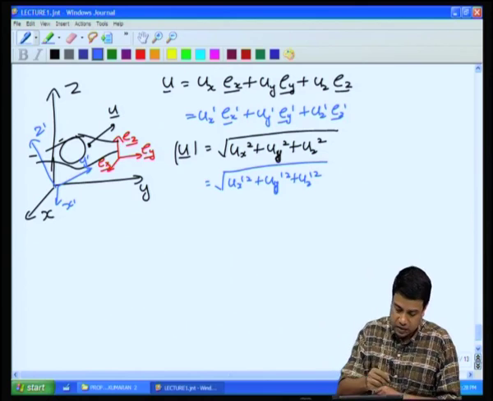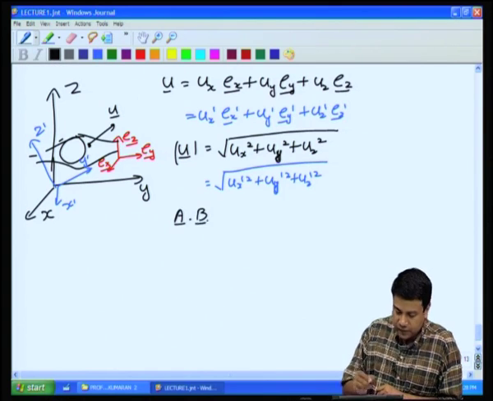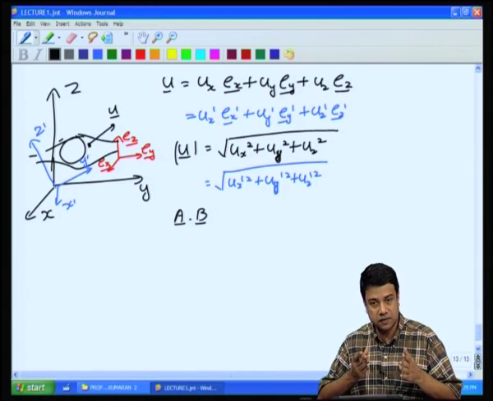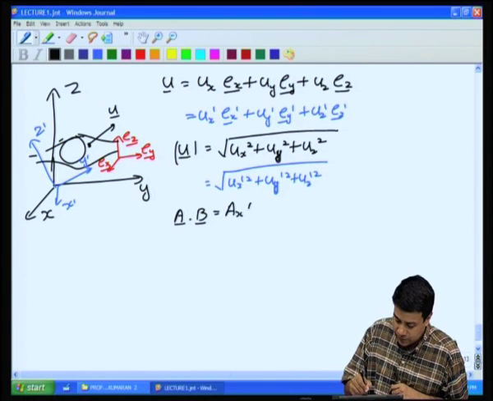Okay. Similarly, the dot product between 2 vectors is also independent of the coordinate system used, because that vector is actually a physical thing. Okay. So, this I can write, expand it as ax bx plus ay by plus az bz.